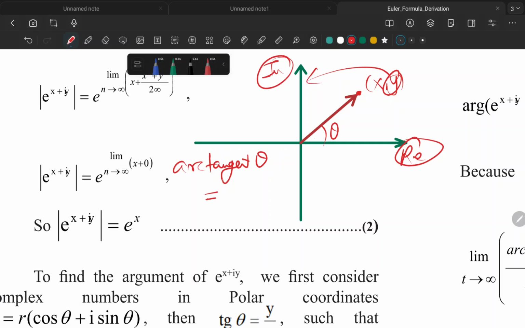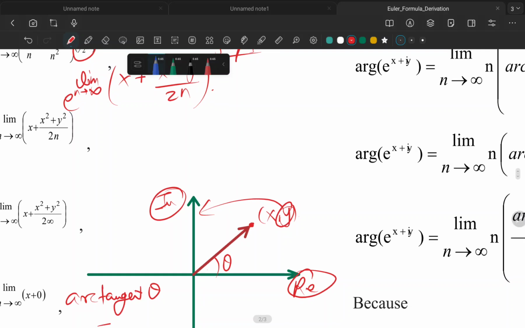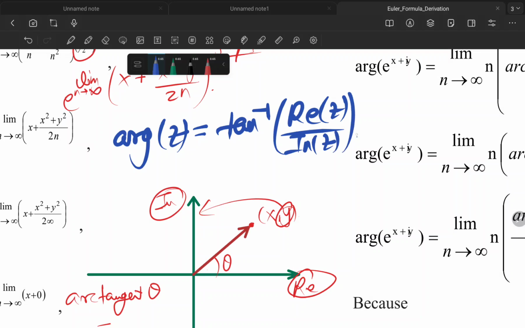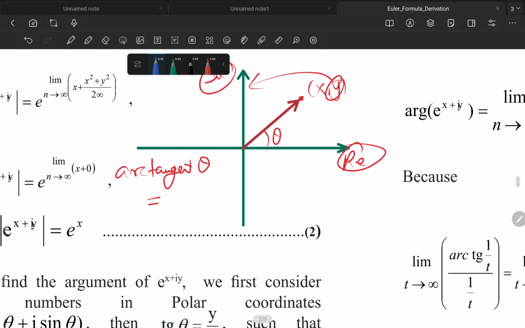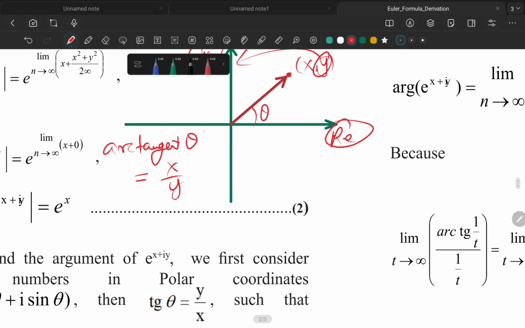So this represents the argument of, let's say, z. This is arctan of the real part of z over the imaginary part of z. So that is the argument of z, and this is x over y.